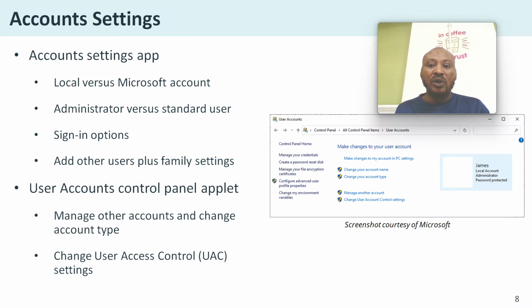So probably you want the user to be alerted each time a program is going to be installed, a software is going to be installed on your system. So it's also a way of trying to prevent a malicious app from installing on your system. Because most of the times when you go to the internet, you download something, mistakenly you might download a malicious program, and when you download it, it starts running on the system without even your consent, mistakenly.